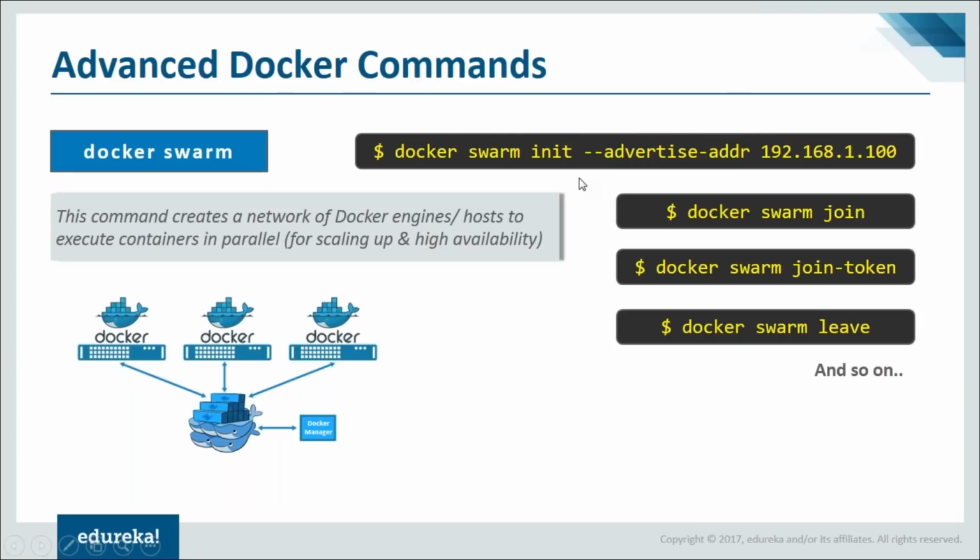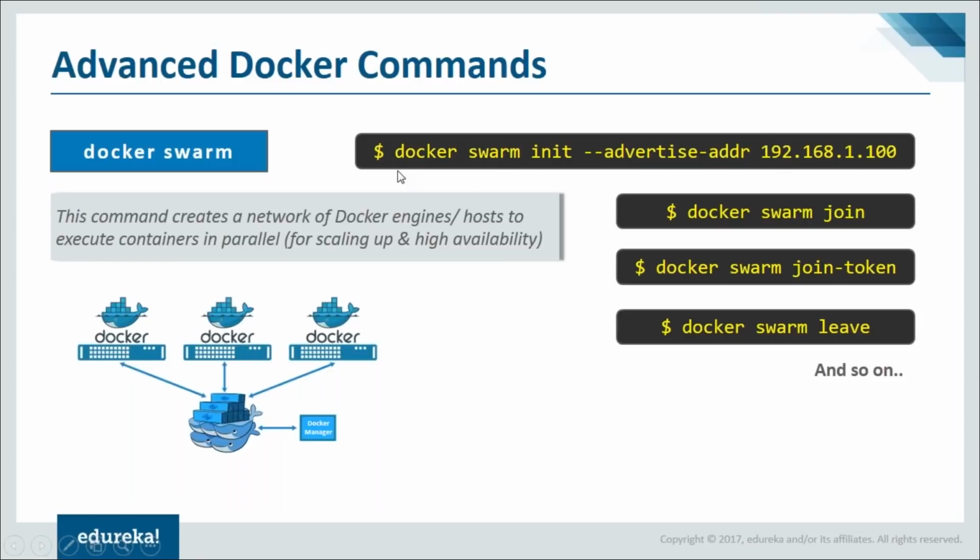So if I start the swarm from this particular host of mine, then this would assume the role of my manager. Okay, and in this syntax, remember, I have to specify my own IP address so that the other workers who will be joining my network would subscribe to my IP address over here.